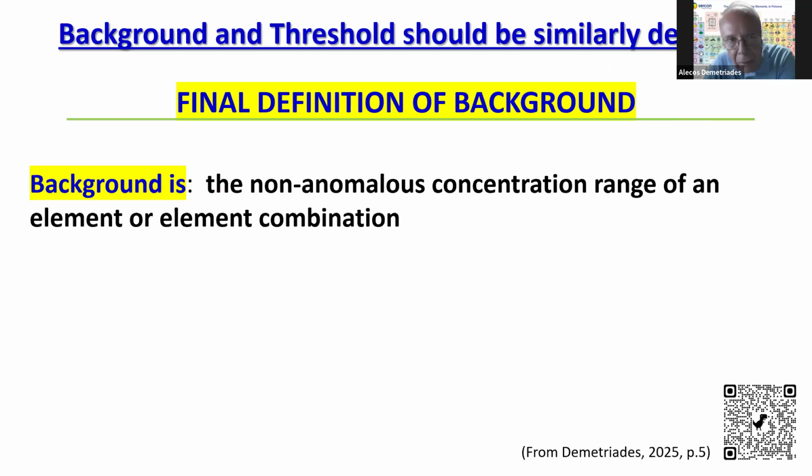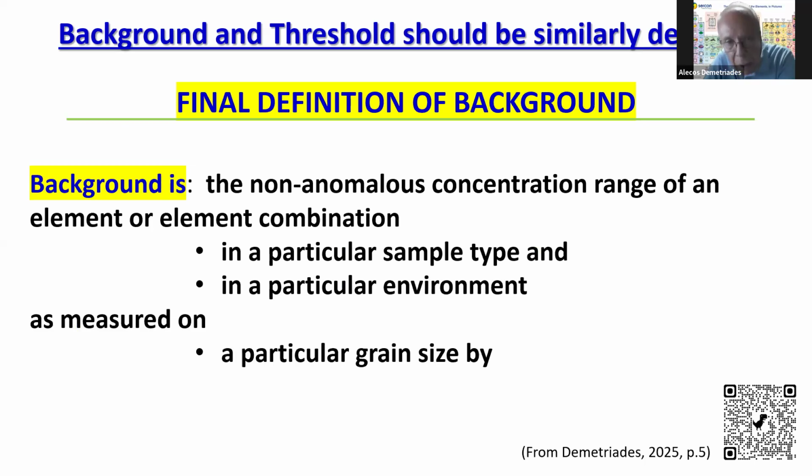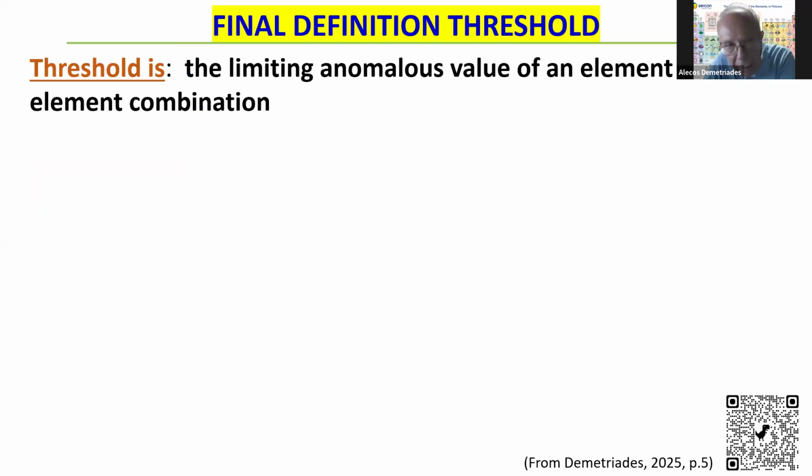Also, background is the non-anomalous concentration range of an element or element combination in a particular sample type again and in a particular environment as measured on a particular grain size by particular analytical technique.